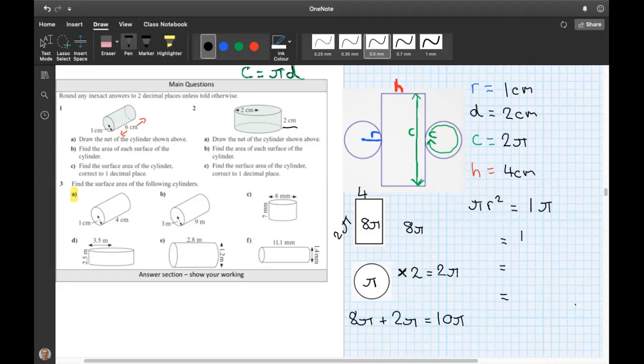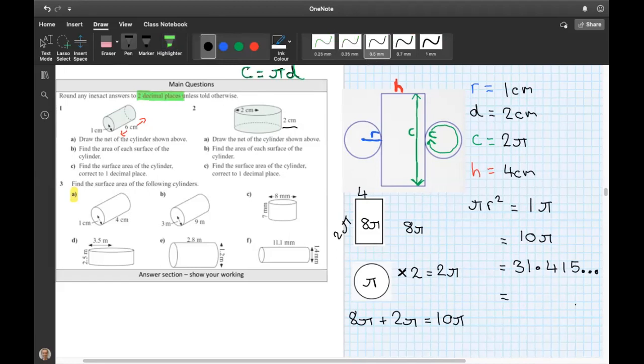Now let's work out what that is as a number. So pressing our SD button on our calculator, we'll get 31.415... Now, what they've done here is they've asked us to round to 2 decimal places, okay?